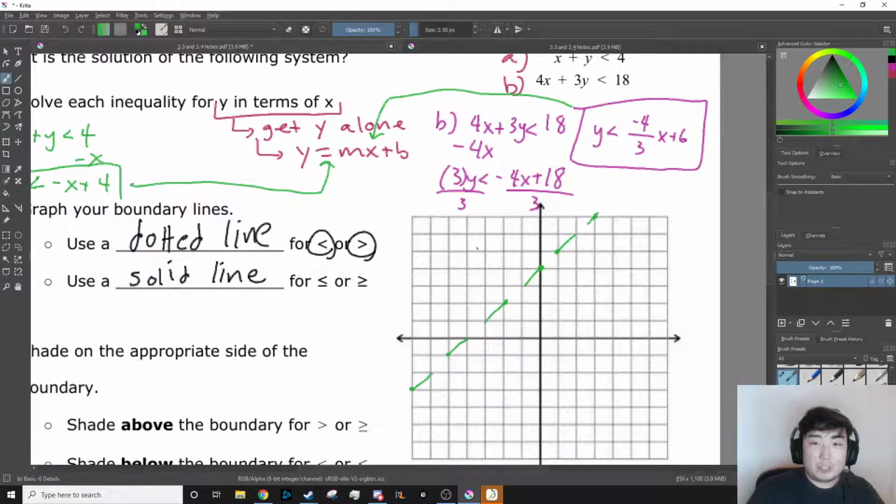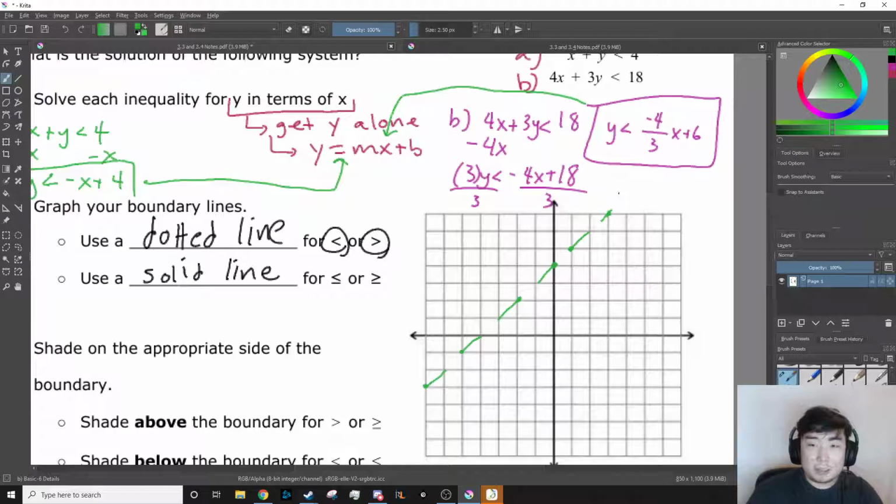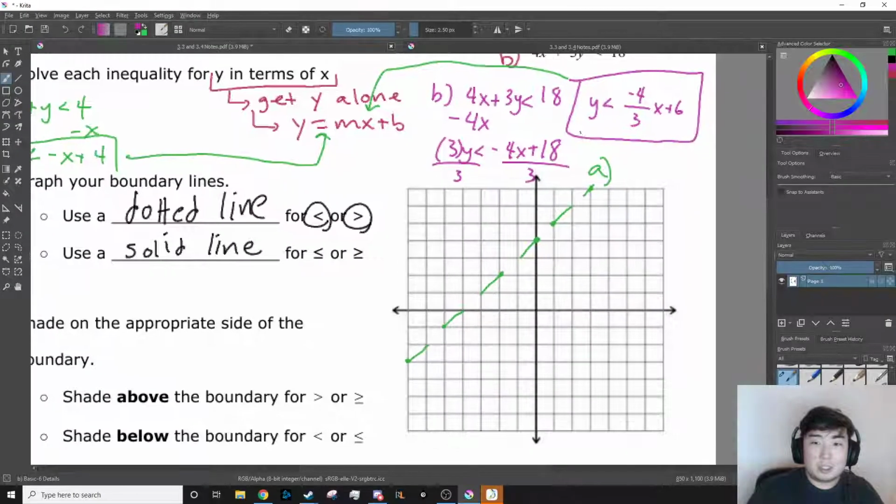What about the other equation? I guess I should label this A. The second one is plus 6, so 1, 2, 3, 4, 5, 6. And we go 1, 2, 3, 4, 1, 2, 3. Rise over run.